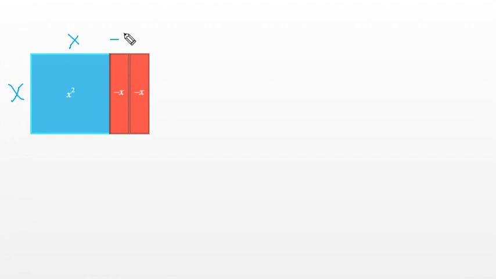And just like when we added, we put plus 2, now we're going to subtract 2 from this side length of x. And so that would look like this when we wrote that out as an expression of our length times our width. And when we distribute that, we get a combined area of x squared minus 2x. And we explored this a little bit yesterday. Here we are taking away 1 inch, that represents this side length, and we're taking away 1 inch here, which represents this side length.